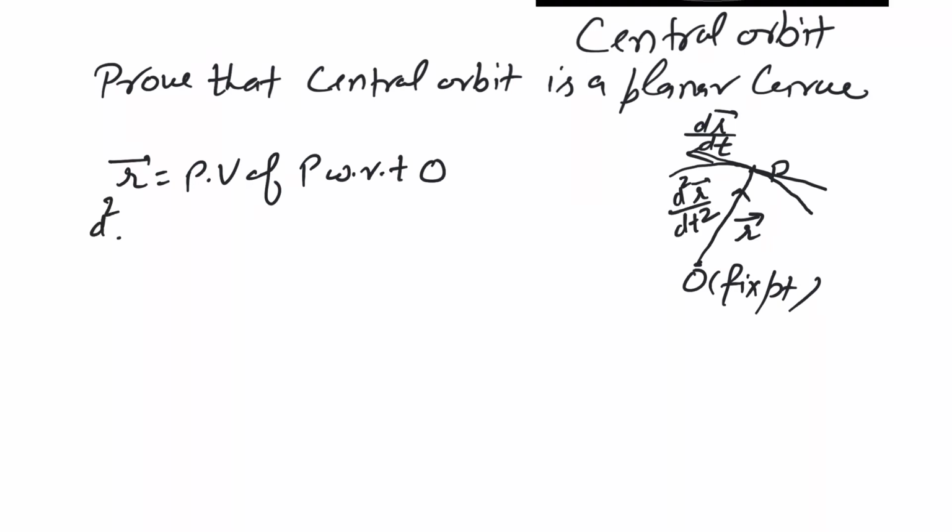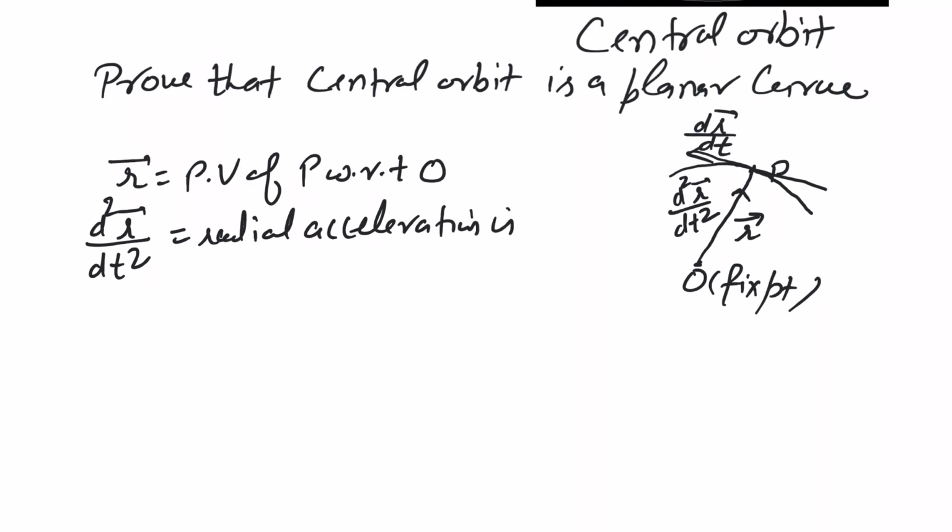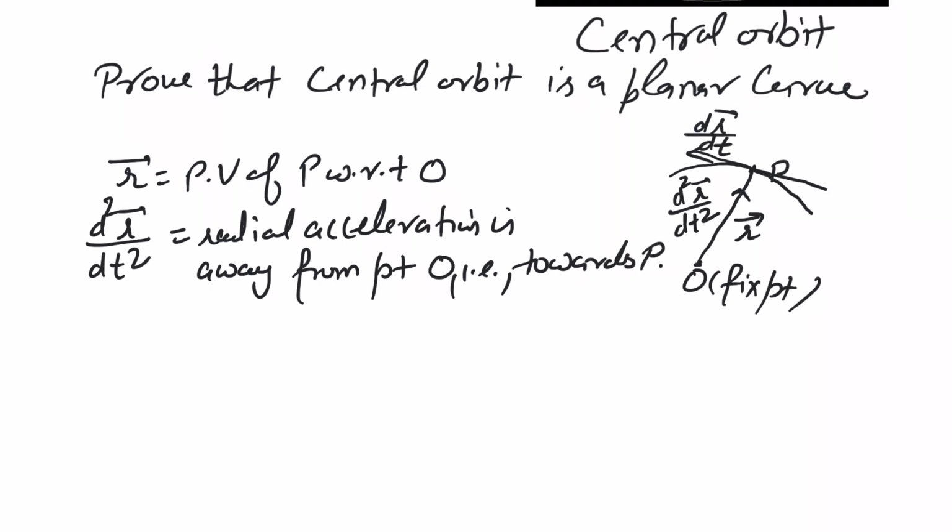So I am going to mention here that d square r by dt square is equal to radial acceleration and is away from point O, that is towards P. Therefore, this is the direction of the radial acceleration, and this is the position vector having this direction, and acceleration is also having this direction.